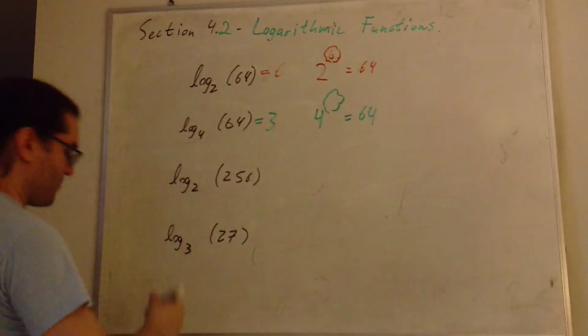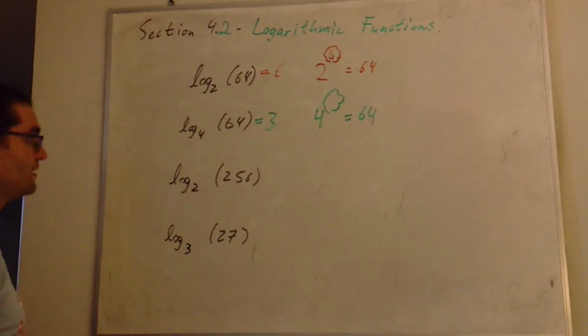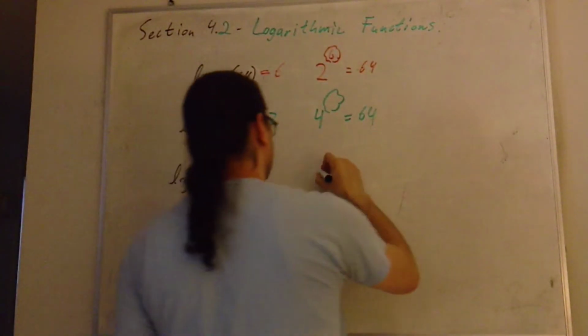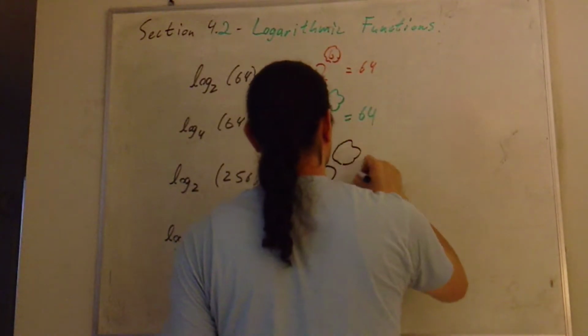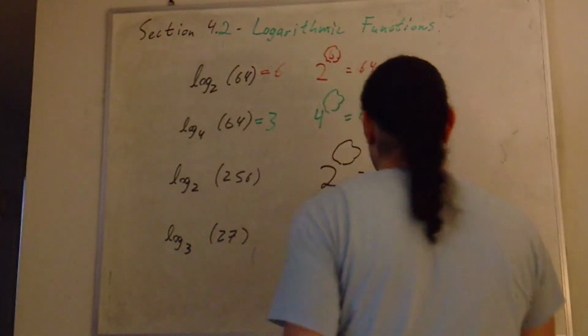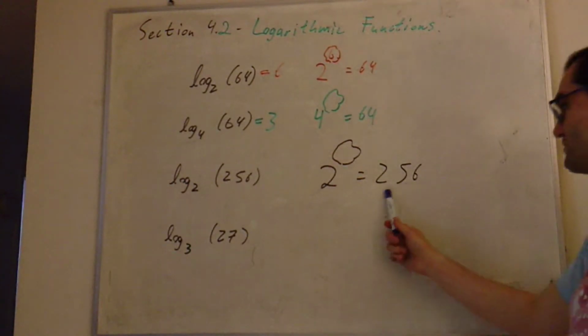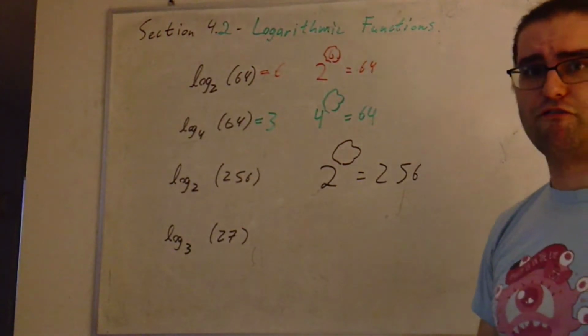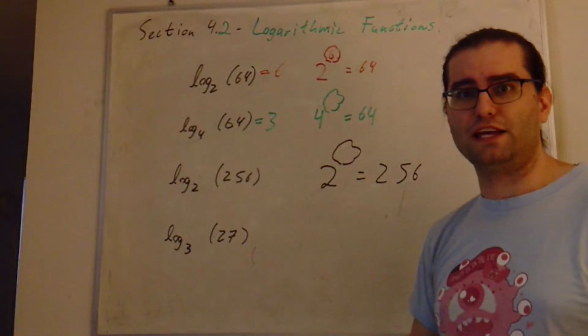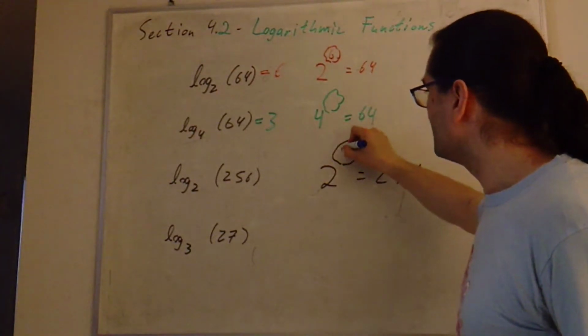Again, this one's for my programmers out there. What power of 2 gets you to 256? This is a very important number. 256 is 1 full byte of information with 8 bits, because this is 2 to the 8th.